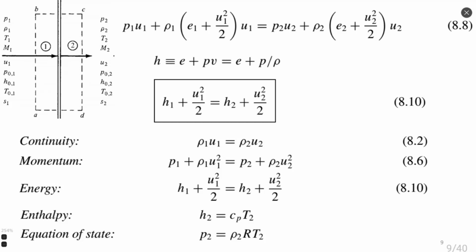Still, this equation we are simplifying, because we can define from our classical definition enthalpy, which is internal energy plus the PV product, pressure and specific volume, or the same as pressure divided by density, plus internal energy gives us enthalpy.